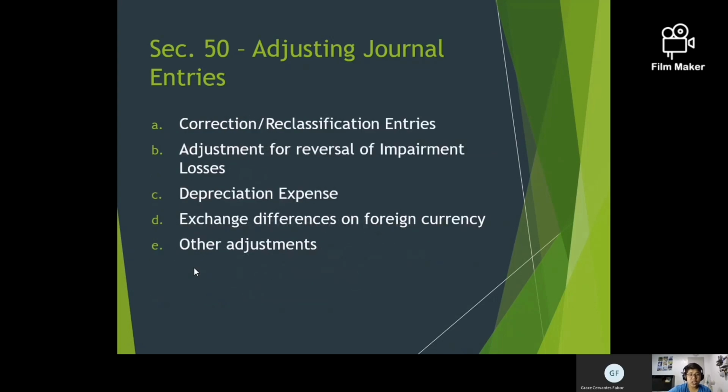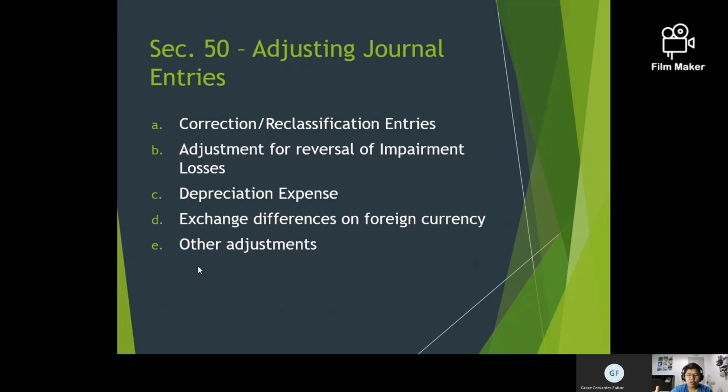Next is correction and reclassification entries. Meron kang namaling entry nung last year or during the year. So, magkakaroon ka ng adjusting entry this year. So, correction of entries. Next is adjustment of reversal of impairment losses. Kung nag-record ka ng impairment loss, tapos ngayon meron ka naman nakitang parang gumanda naman.